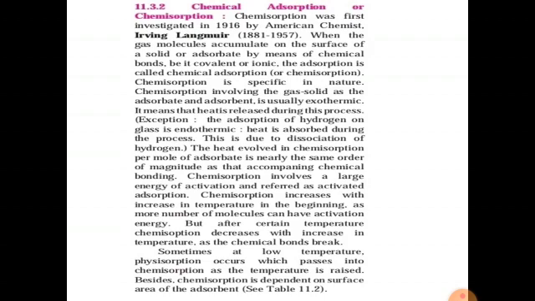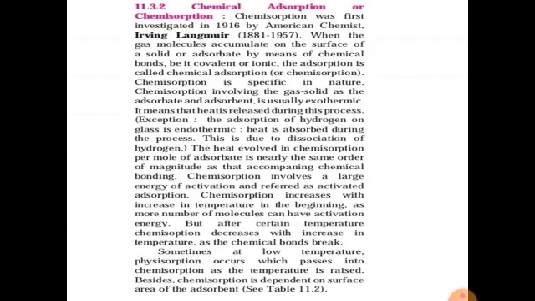The only exception is hydrogen gas on glass, which is endothermic. Heat is absorbed during the process. This is due to the dissociation of hydrogen. The heat evolved in chemical adsorption per mole of adsorbate is nearly the same in magnitude as that of chemical bonding. Chemical adsorption involves a large energy of activation and is referred to as activated adsorption.